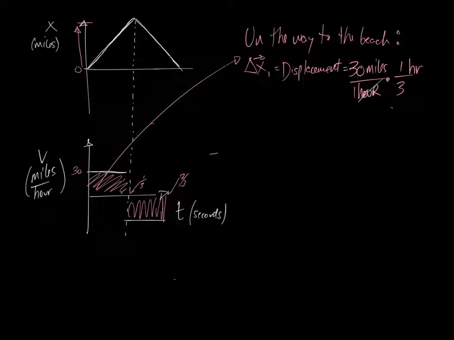Well, hours will cancel, and I'll be left with 10 miles. And that's positive, right? Because my displacement is going to be 10 miles. And that's on the trip there. So that, I'm going to call that displacement 1.